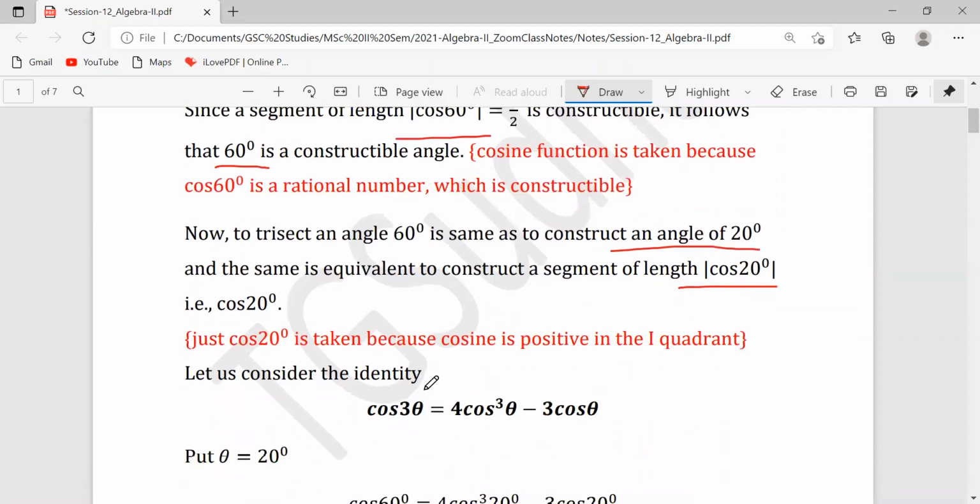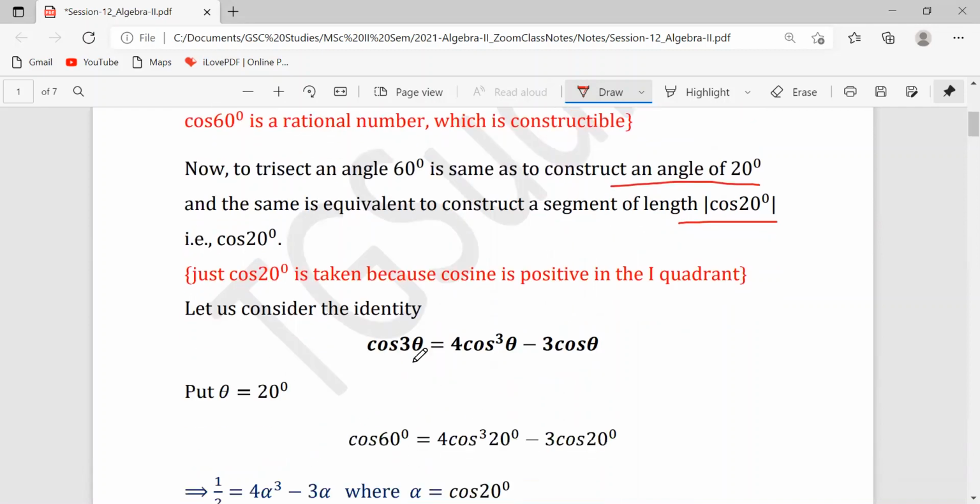So let us consider the identity cos 3 theta equals 4 cos cube theta minus 3 cos theta. This is a well-known identity. Let us put theta equal to 20 in this identity.